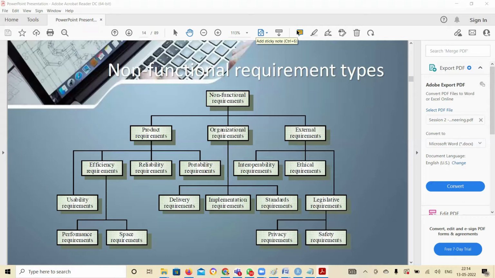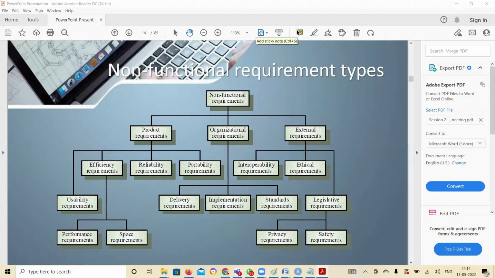Then legal requirement, or legislative, which means government requirement, could again be of two types. One is privacy requirement, the other is safety requirement. Privacy is protecting your data. When you give me your data, you trust me that I will protect it.